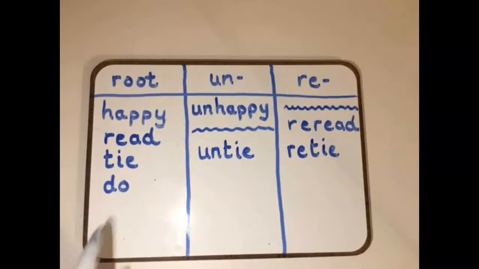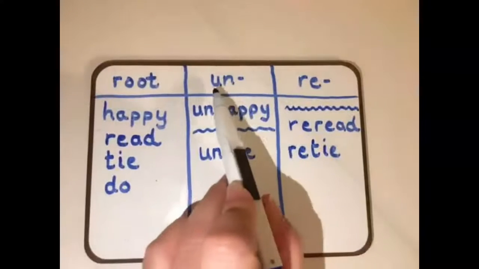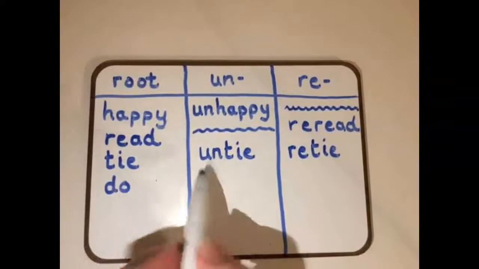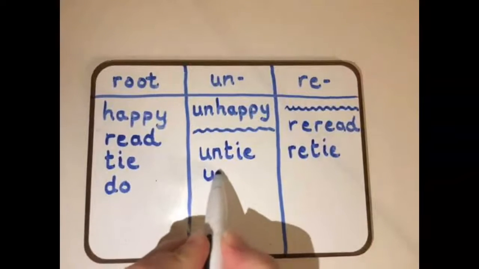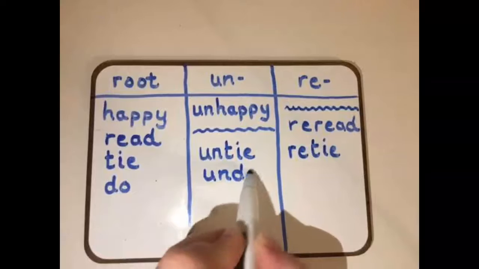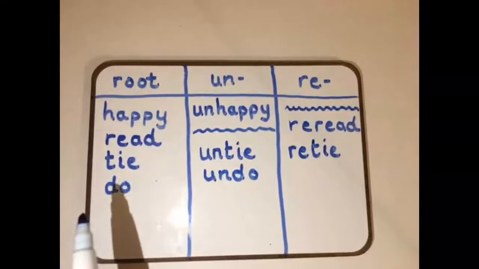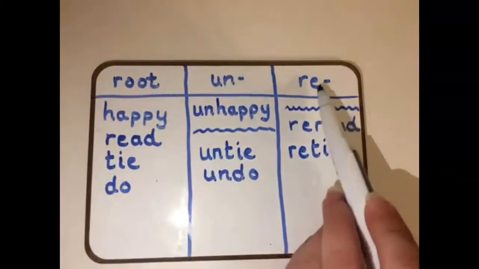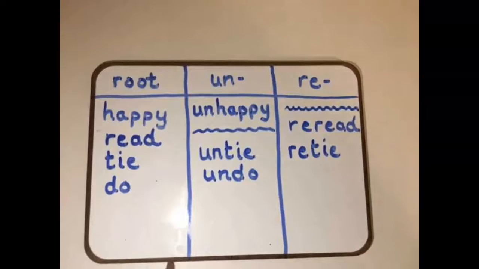All right, so we have do and we have un. So this would be undo. Is that a word? Absolutely. I need to undo my typing there. So yes, it's a word. What about redo?